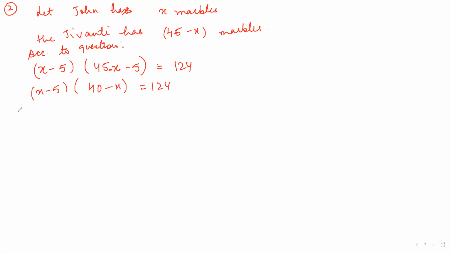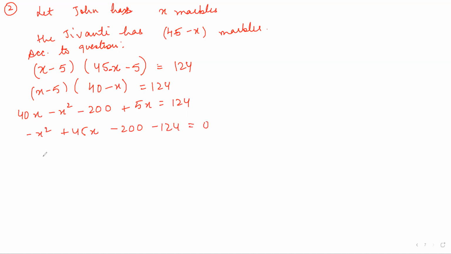You open the bracket. So 40x minus x square, minus 5 into 4 is 20, then minus minus plus 5x is equal to 124. So you have minus x square plus 45x, and then minus 200. I can bring this minus 124 here.